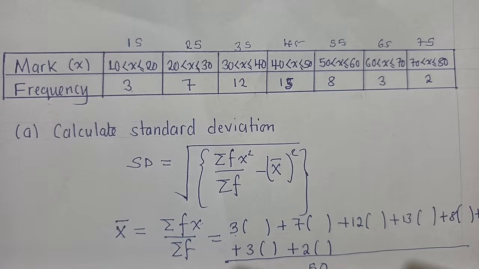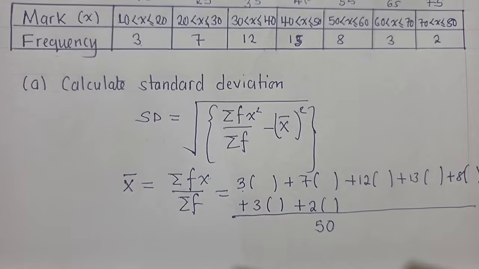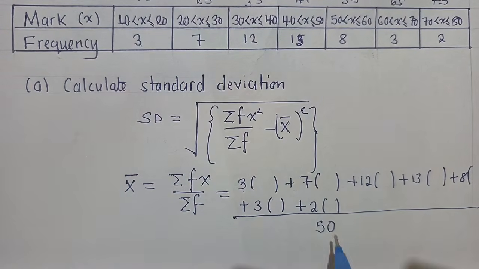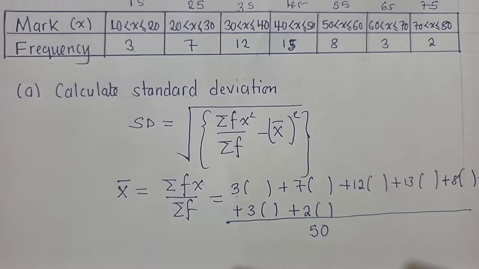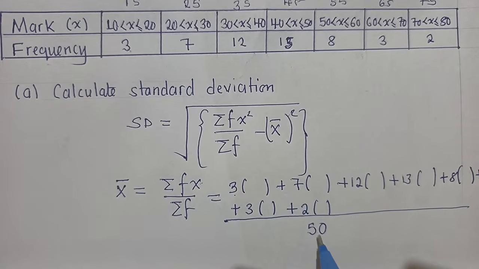So we're going to say 3 plus 7 plus 12 plus 15 plus 8 plus 3 plus 2. It's giving us 50. And that's what we're supposed to put down here.